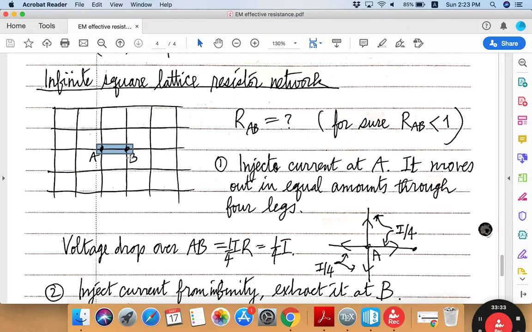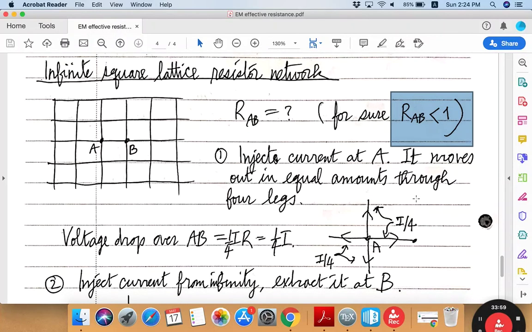And because these different wires are connected in parallel, the net resistance is going to be less than that of an individual wire. And therefore, the node-to-node resistance, which I call RAB, has to be less than 1. But exactly how much less? What is the exact RAB value? Okay, so that's the question we want to answer.